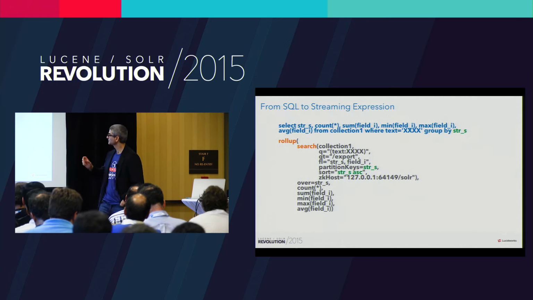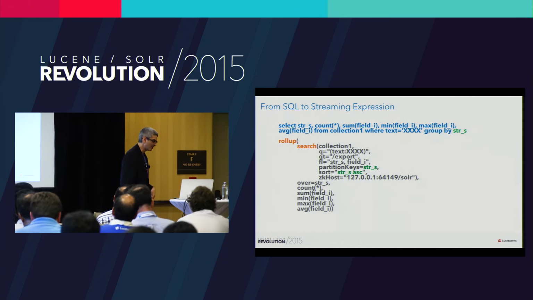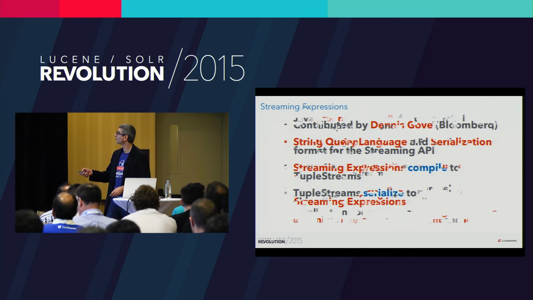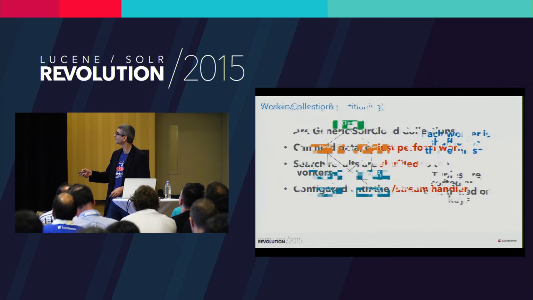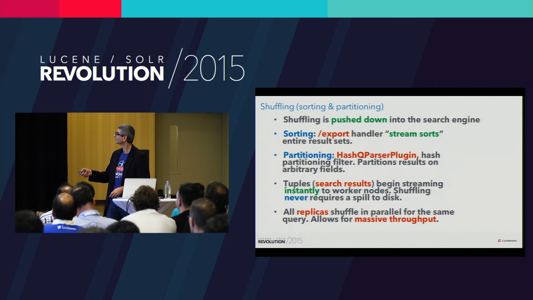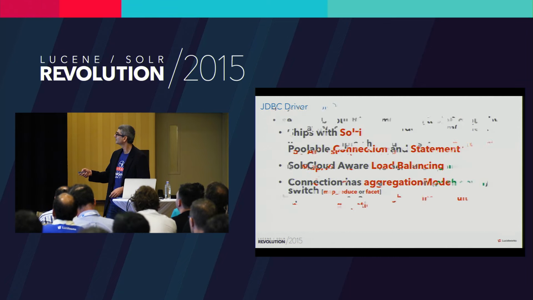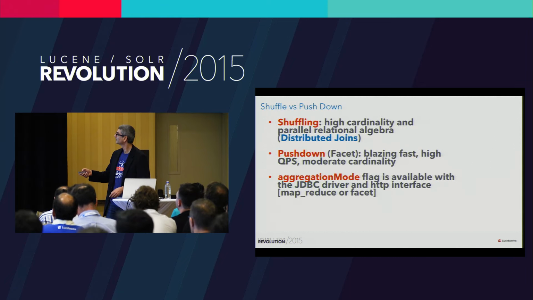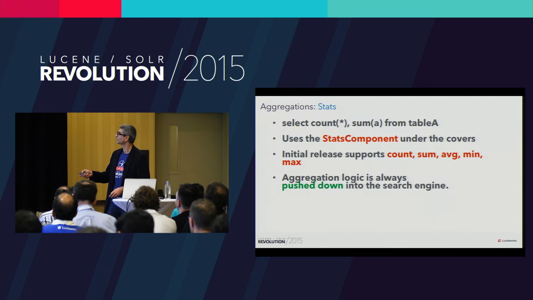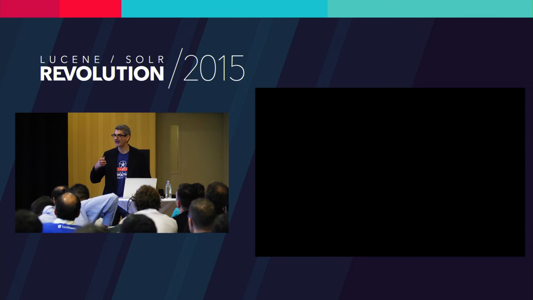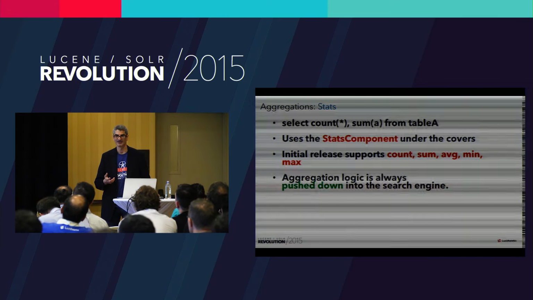So it uses the statistics module. Let me go back to that slide. Only for very simple queries. Here we go. So only when you don't have a group by. If you don't have a group by, you never have to actually do buckets.